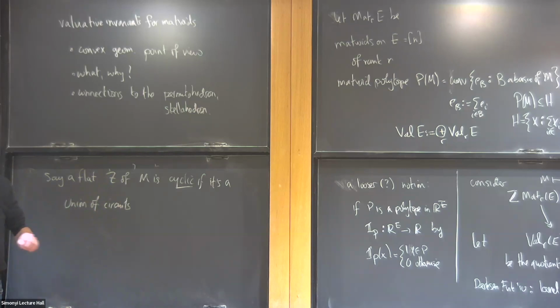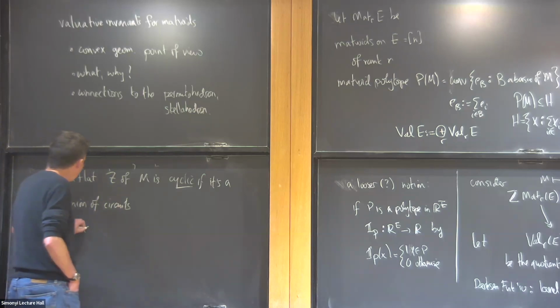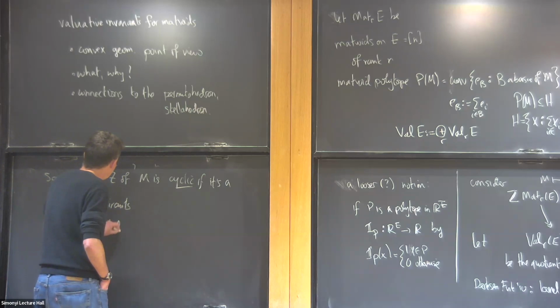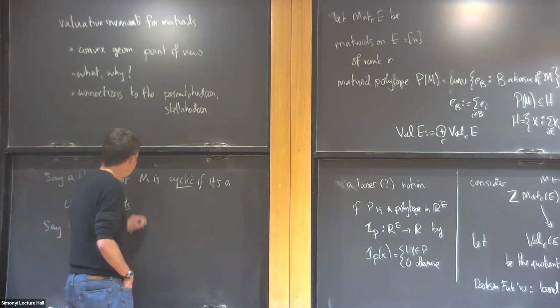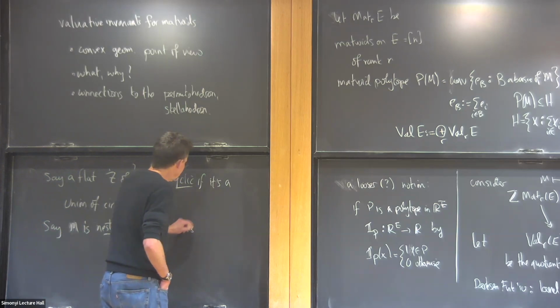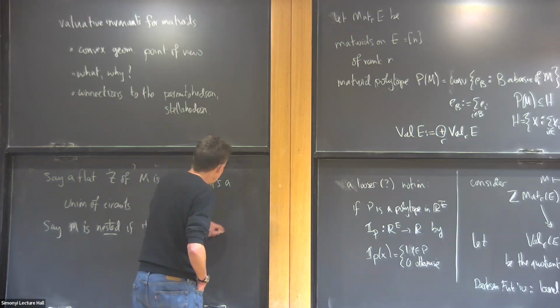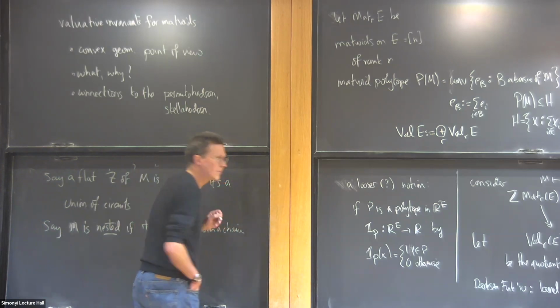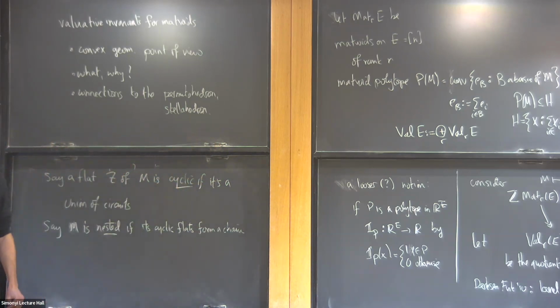And then that determines a matroid. So if the cyclic flats are totally ordered, that would be the simplest possible situation from some point of view. And so such matroids are called nested.